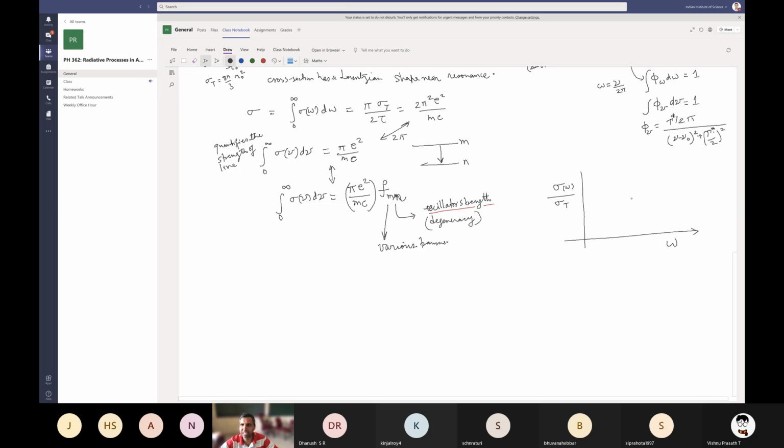We considered these various regimes. The first was the Rayleigh regime at low frequencies, which gives you omega to the power of 4.